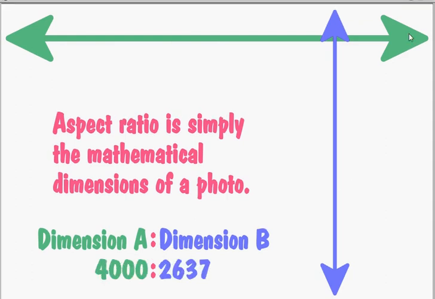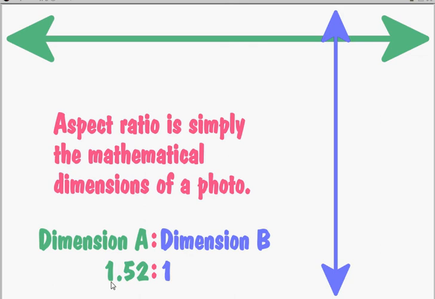This image happens to be 4,000 pixels wide and 2,637 pixels tall. So the aspect ratio is 4,000 to 2,637. That's kind of a long way to get around it, so what I would do is divide both of them by the smaller number, and I come up with 1.52 and change to 1.